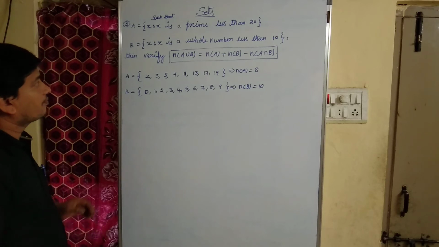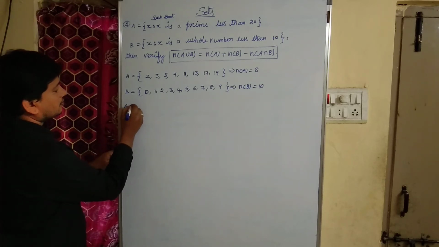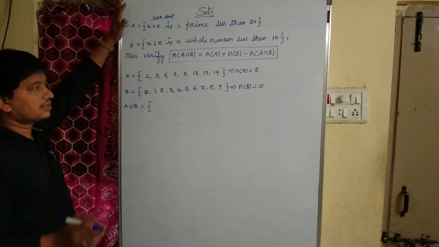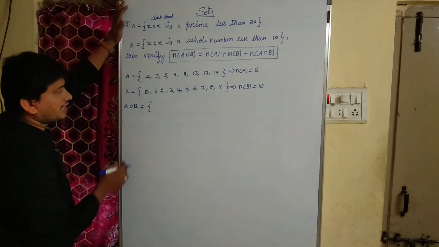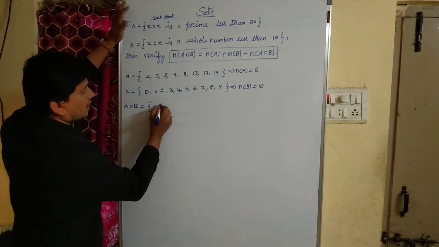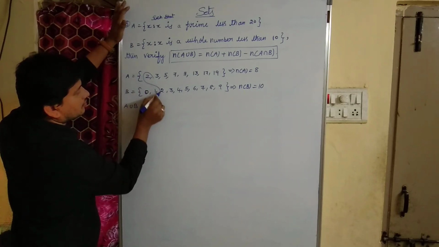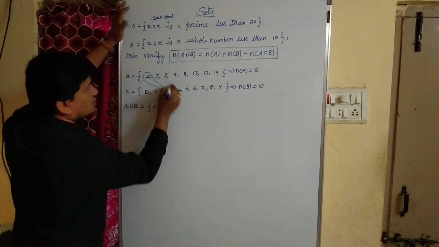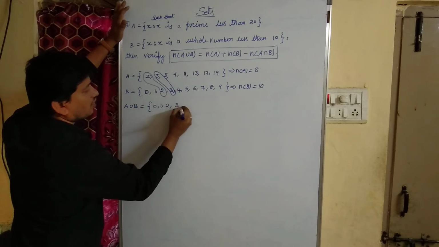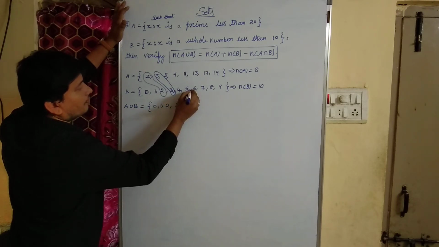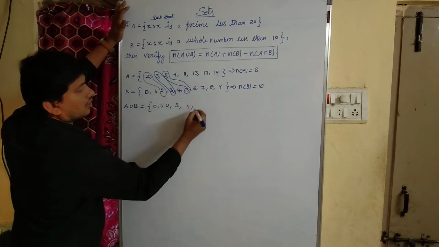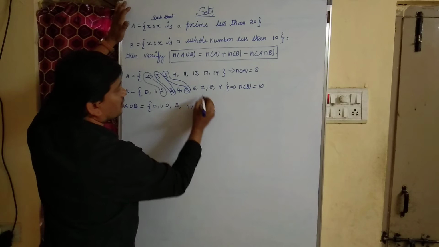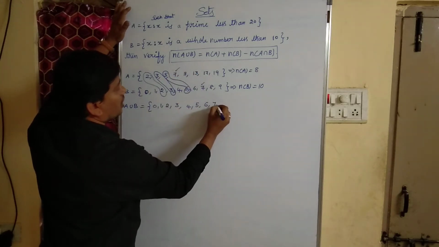Okay. Now let us find A union B. A union B means all the elements. Right? 0, 1, 2 is repeating 2 times, we need to write only once. Also 3 is repeating 2 times, we need to write only once. 4, 5 is repeating 2 times, we need to write only once. Then 6, 7 is repeating 2 times, only once.